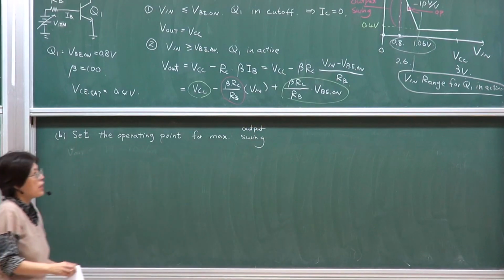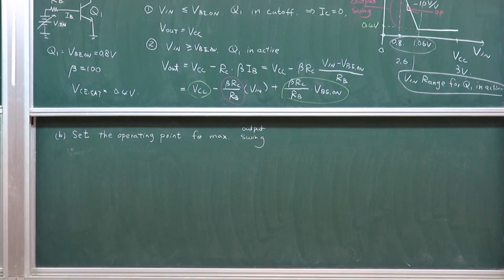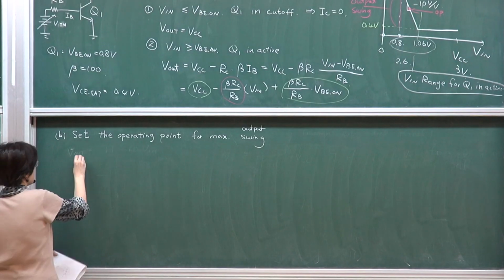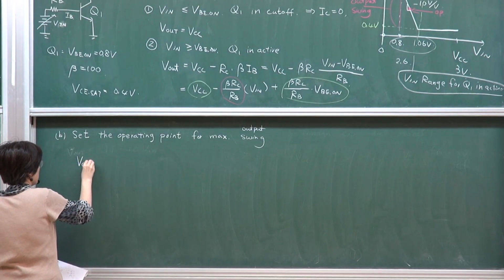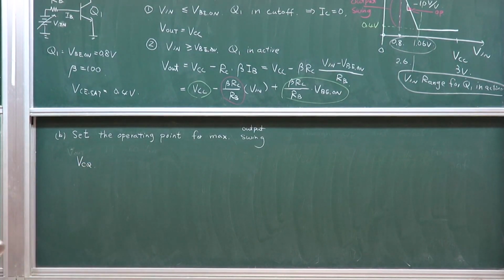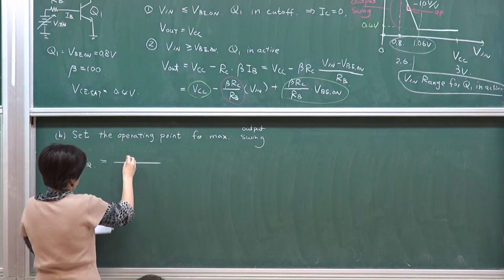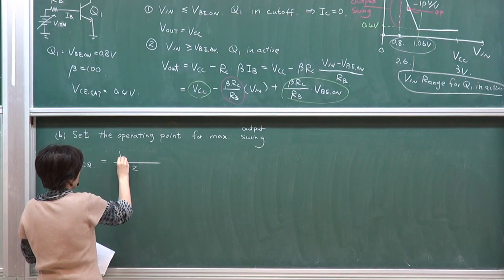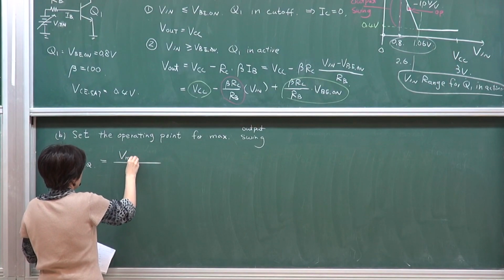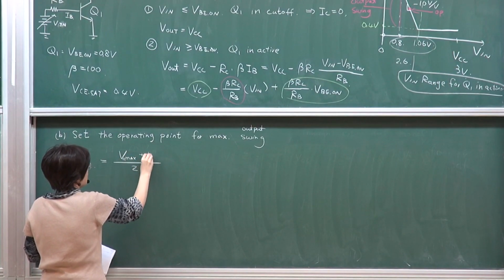Meaning that you have to stand right at the middle. That means my output DC level, VC, the collector voltage, has to be set right in the middle. So that will be 1/2 of VO max and VO minimum.